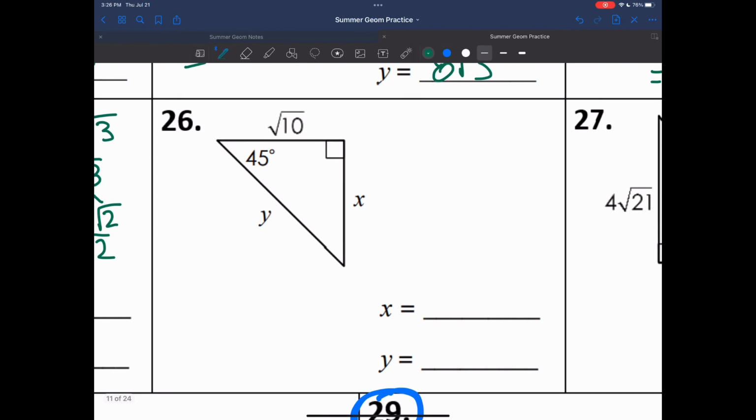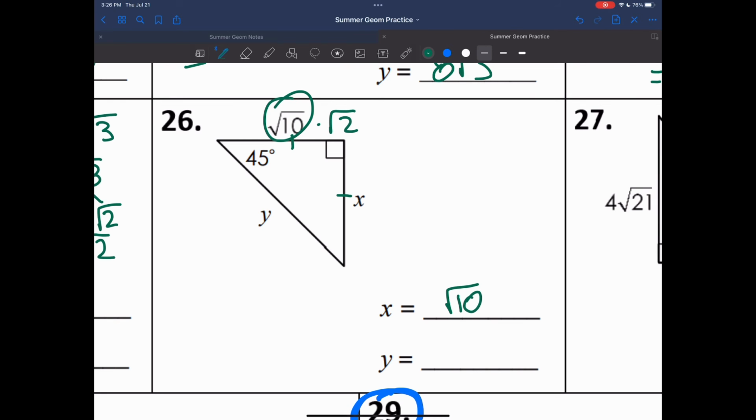Okay. 26, 45, 45, 90. They do give me one of the legs, so find the one that it matches, which is going to be the x. So x is also the square root of 10. And then to find our hypotenuse, we take this and we multiply it by the square root of 2.